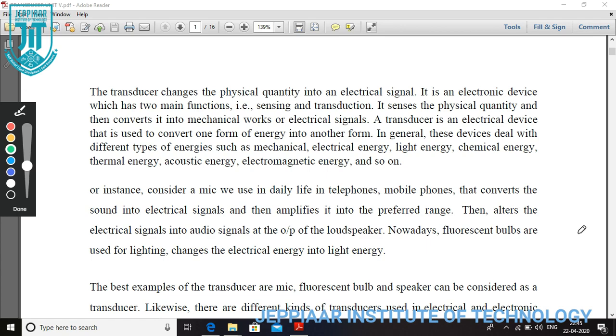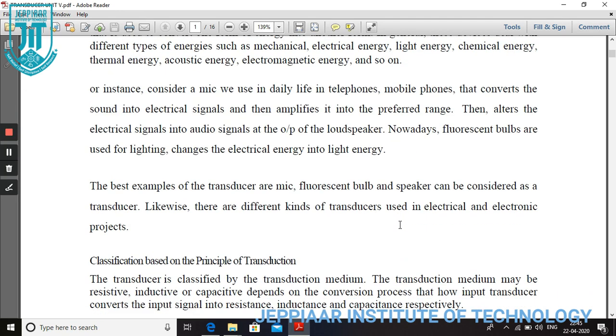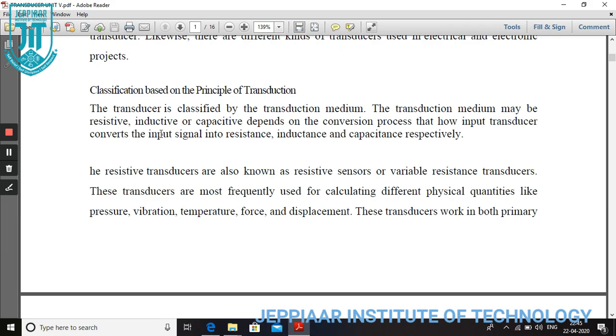Transducers can be classified into major categories: resistive transducer, inductive transducer and capacitive transducer, depending on the conversion process, that is, how the input transducer converts the input signal into resistance, inductance or capacitance respectively.